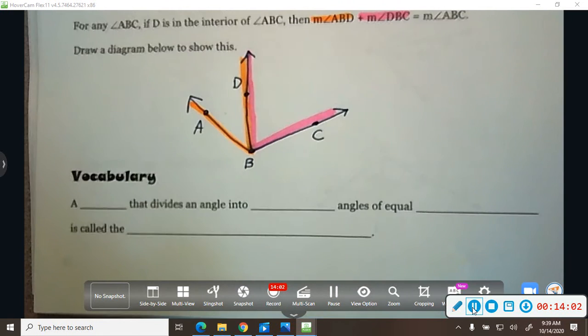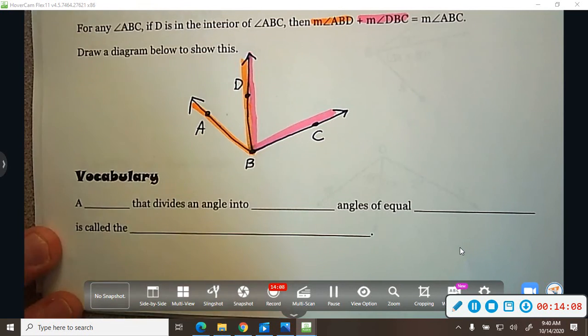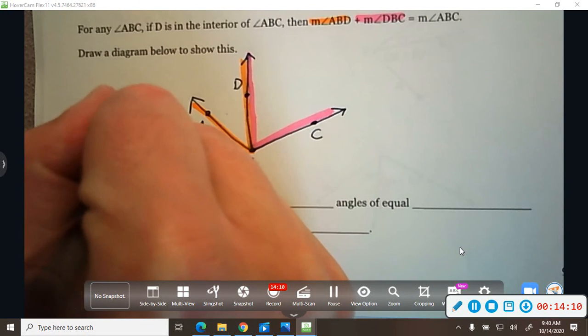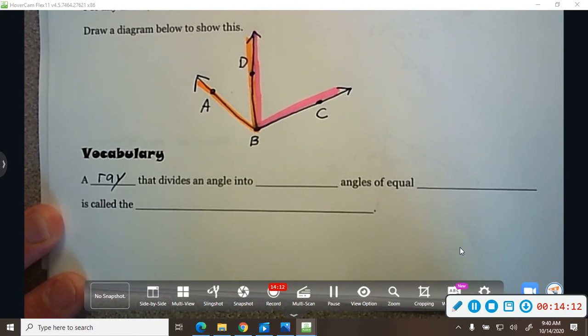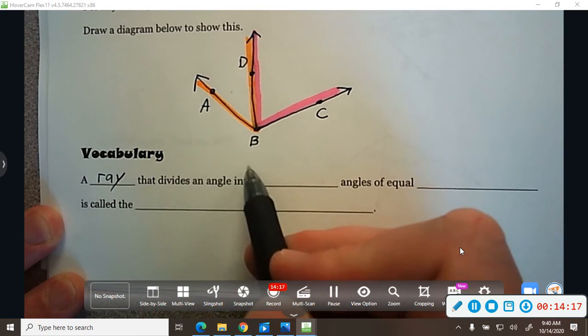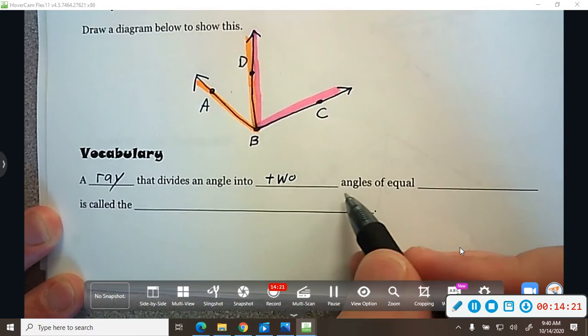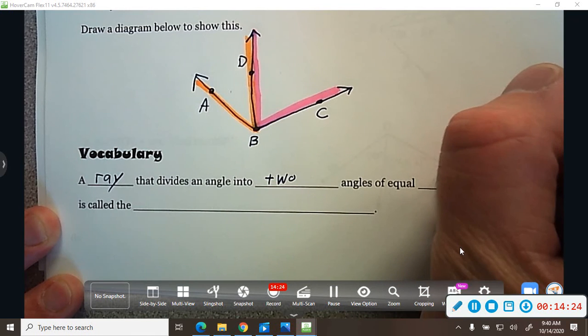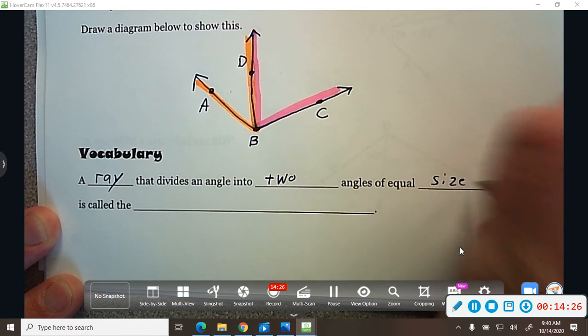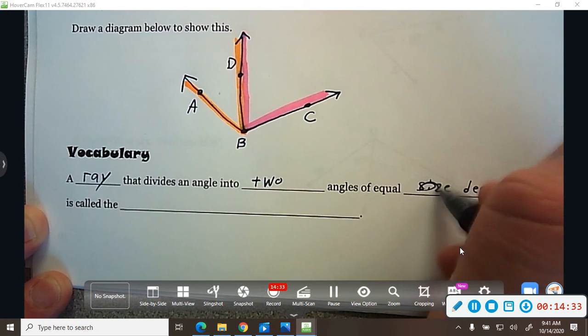Now there's another type of angle. So a ray that divides an angle into two equal angles, two angles of equal size, or I guess I should say degree, I'm going to say degree.